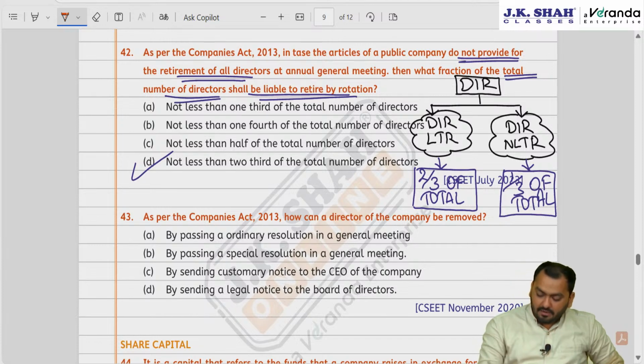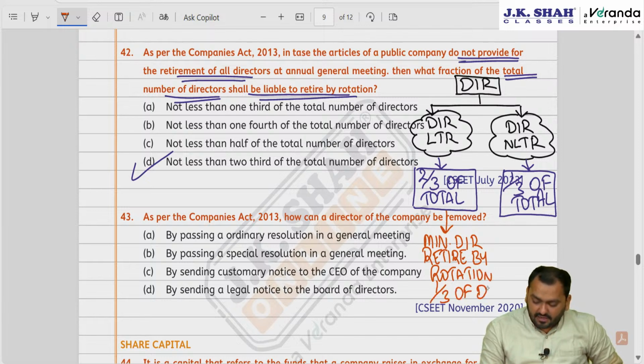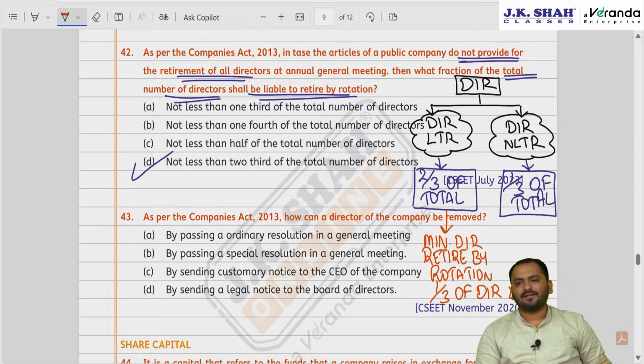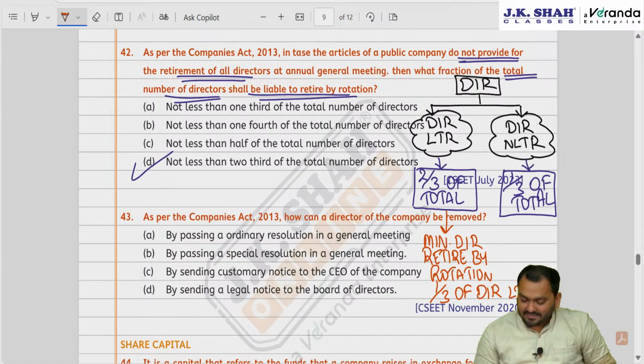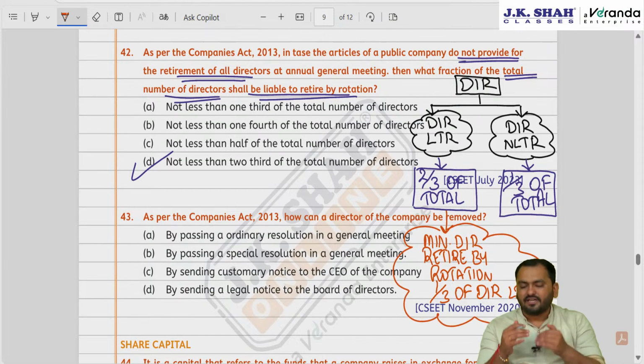But the minimum number of directors who shall actually retire by rotation is 1/3 of the directors who are liable to retire.